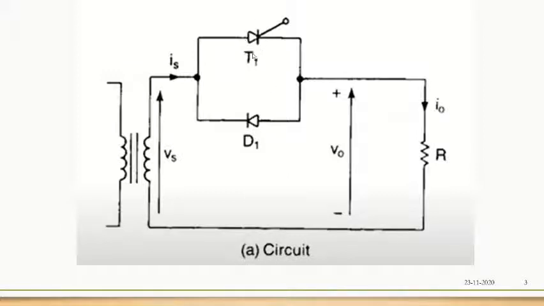This is a single phase AC voltage controller because we can control the power flow to the load using this thyristor. In the positive half cycle, the power flow can be controlled by controlling the delay angle or the firing angle of our power device, the thyristor.